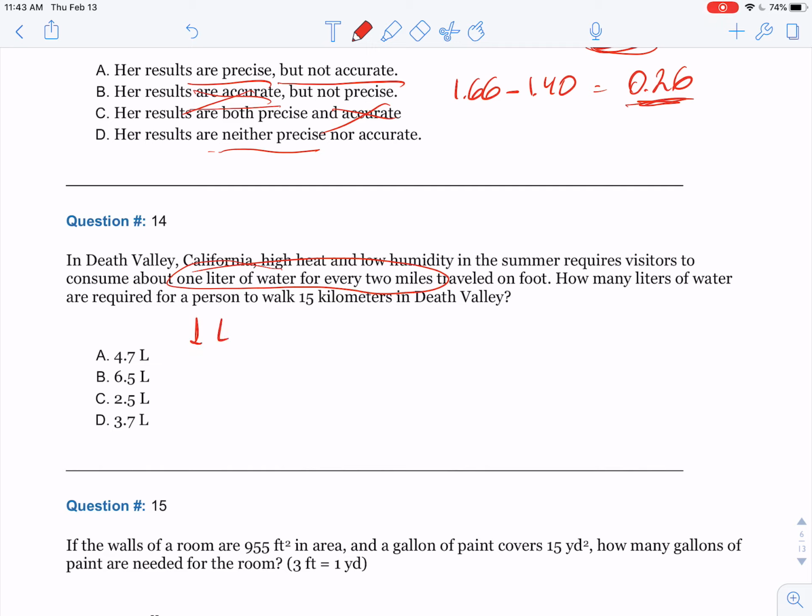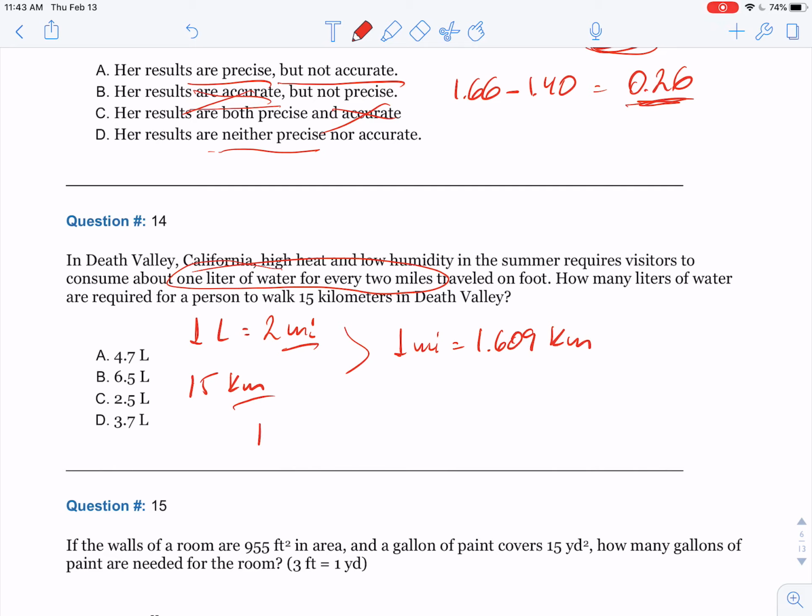So 1 liter equals 2 miles. That's the first conversion that you need. How many liters are required for a person to walk 15 kilometers? That's data. You have miles, you have kilometers. The one that you need to know is that 1 mile is 1.609 kilometers. And then you put everything together and you're good to go.